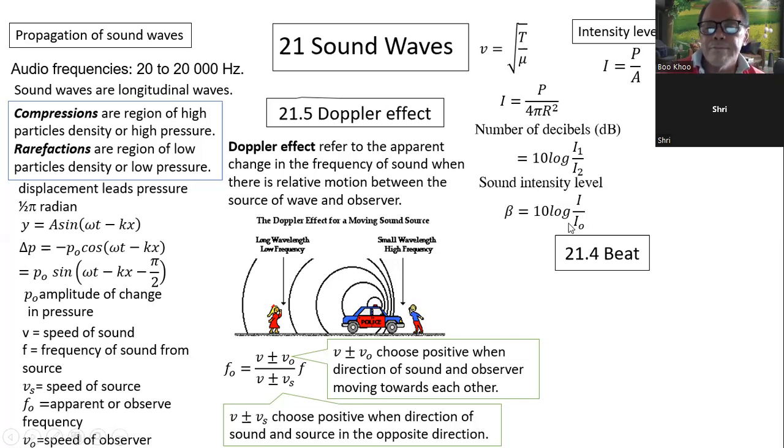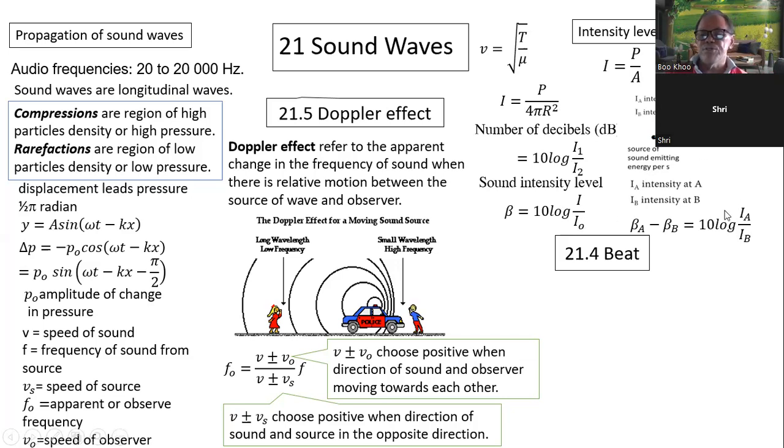I naught, that's your sound intensity level. I naught is the threshold of intensity. Usually it's given to you in this formula.